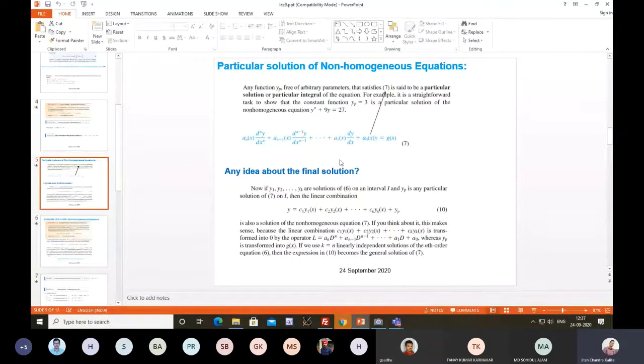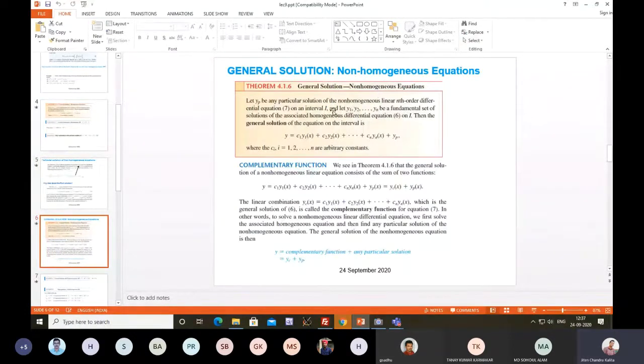Here it has already been explained. I have already explained all this stuff. So here, this is the general solution. For non-homogeneous equations, if y_p is any particular solution of the non-homogeneous linear nth order differential equation that I had written on the blackboard on an interval I, and if y1 up to yn constitute a fundamental set of solutions for the associated homogeneous differential equation, then the general solution of the equation in the interval is given by this, as I have told you.